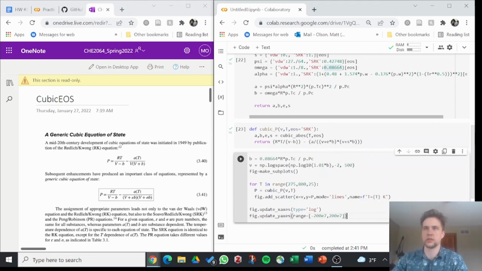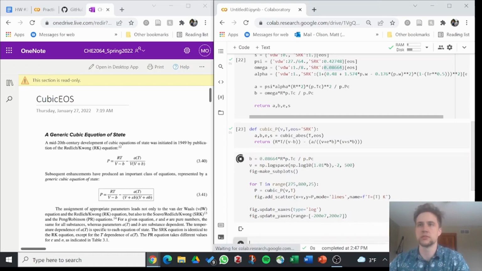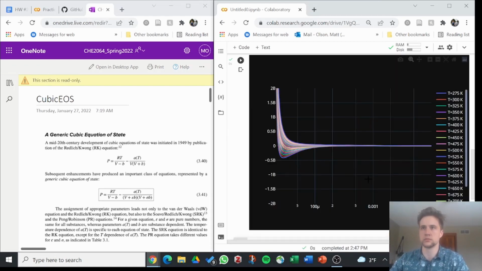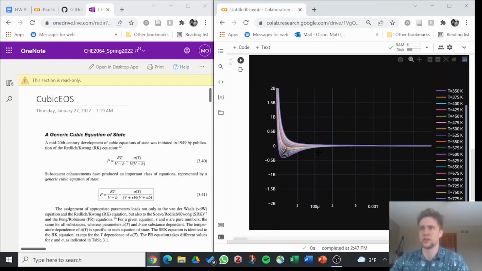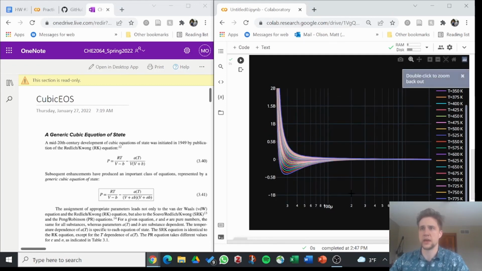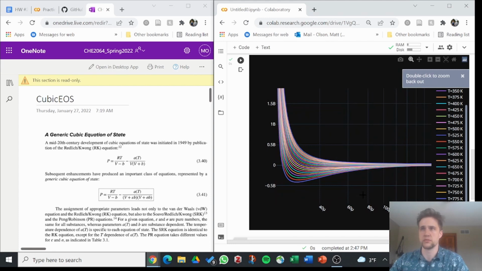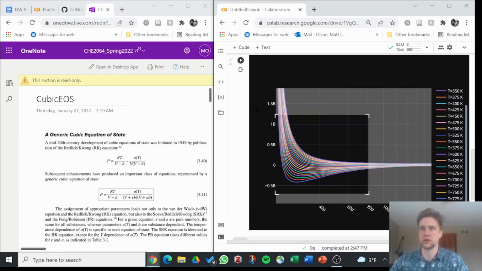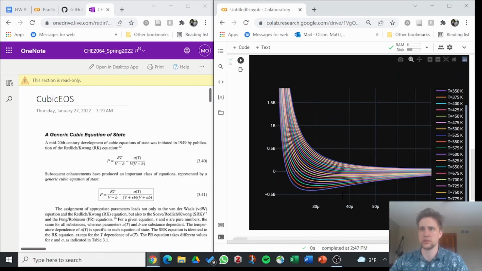So let's go ahead and run this, see what it gives us. All right. So what we see here, which is incredible, is it's running through each isotherm here, 275 all the way down to 700, well, all the way down to 800, there's 775, and showing us what happens for the pressure with respect to volume for each isotherm.